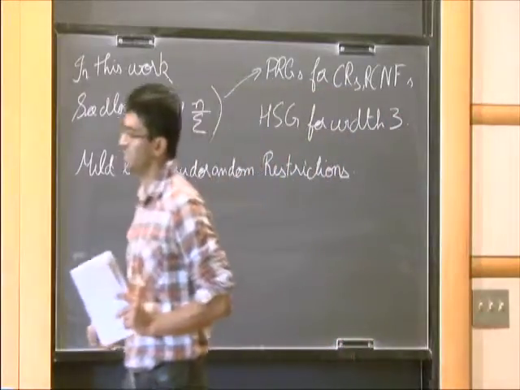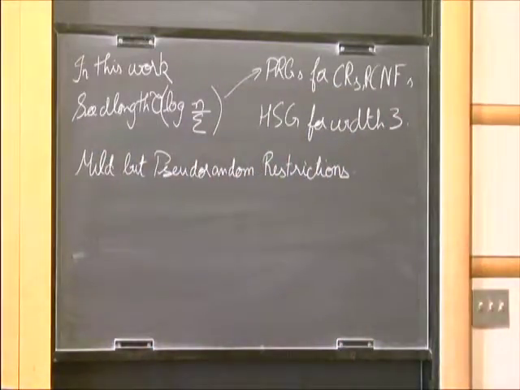So how do you random restrict a width 3 read once branching program? We don't really do that. What we show is the following. If you want to construct a hitting set generator for this class, it actually suffices to construct a hitting set generator for read once CNF formulas where some of the clauses are allowed to be parities of variables. So this is a new class which I'm going to call CNF with parity.